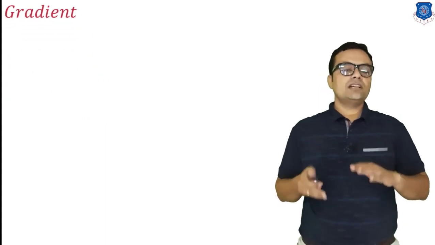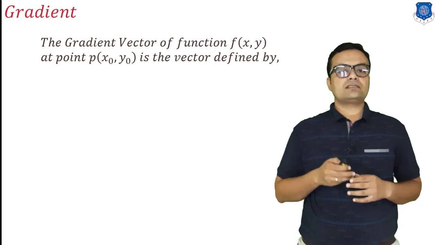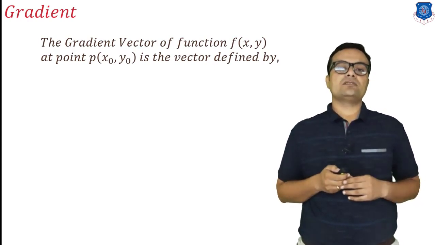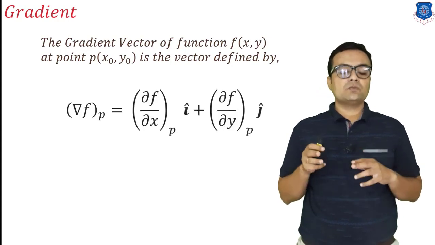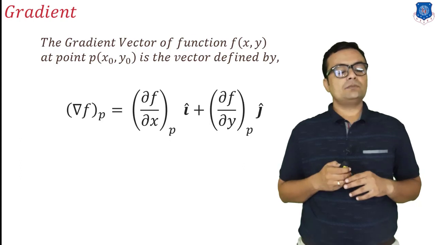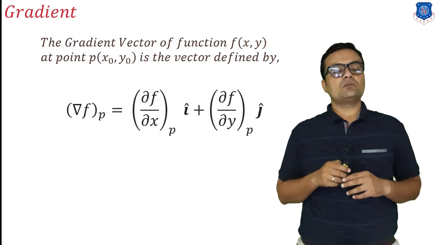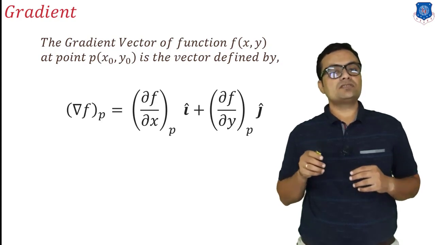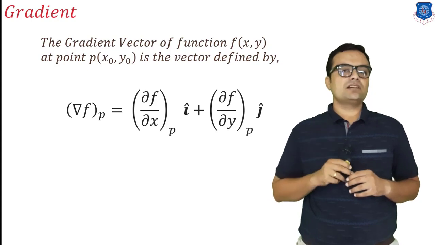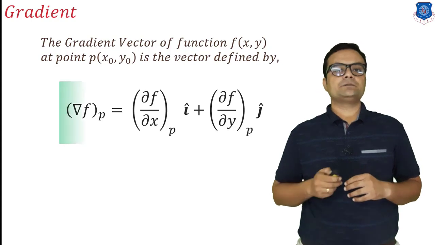If you want to define the gradient for the function f of xy at point P, given as P(x0, y0), then it is defined by this vector quantity: del f by del x at point P times i plus del f by del y at point P times j. It is denoted by this reverse triangle notation, del f at point P, and this reverse triangle notation is known as nabla or del.